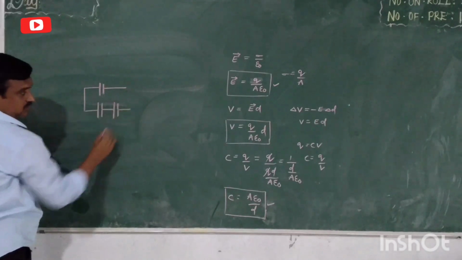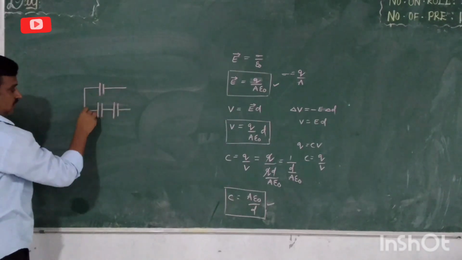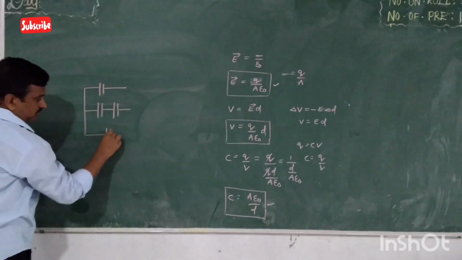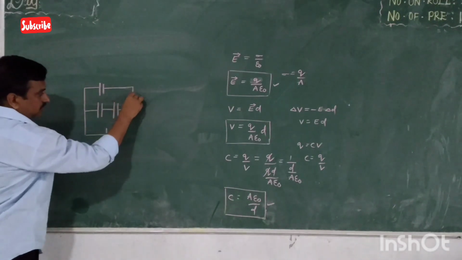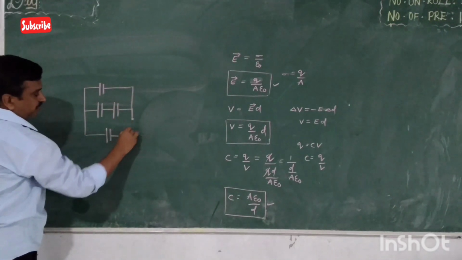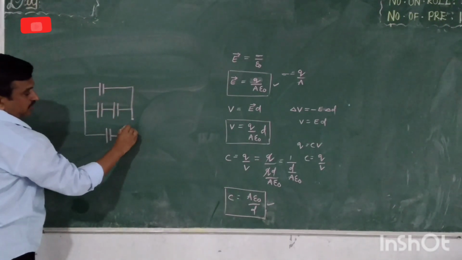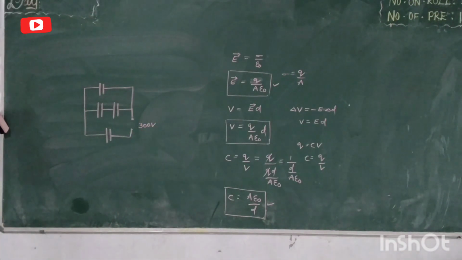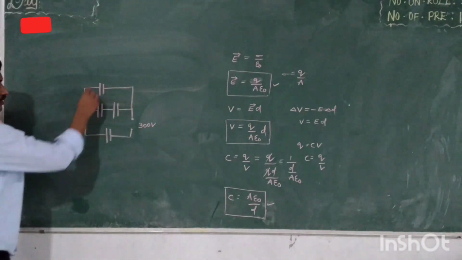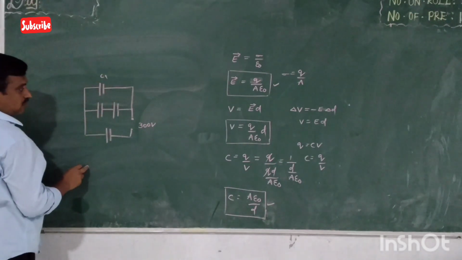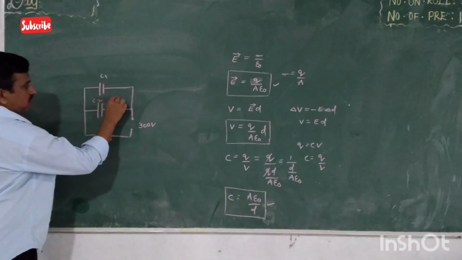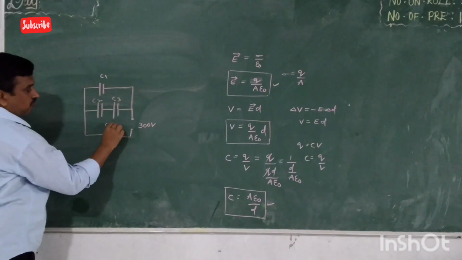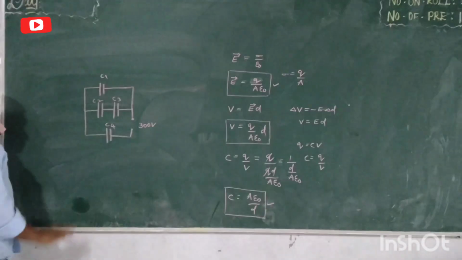Two capacitors are connected in series, and here one more capacitor is connected. This is the given network, with a supply of 300 volt. This is the first capacitor, second one, third one; four capacitors are connected in the circuit.